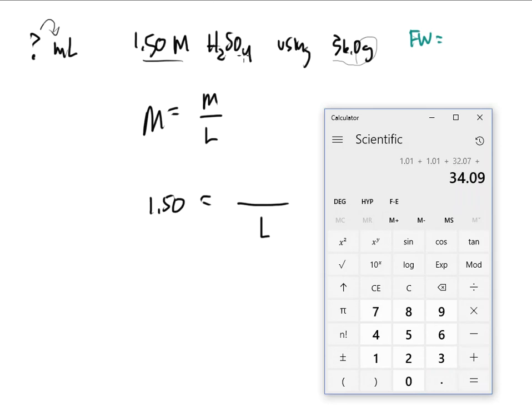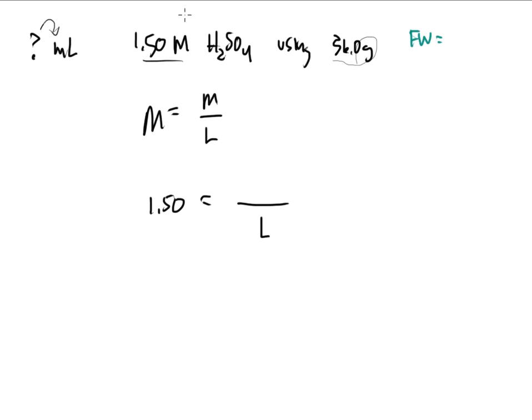And then my oxygen, there's 4 of those, so I can do 16 times 4 and key it in that way. Or there's my first one, my second, my third, and my fourth. So 98.09 is the formula weight. I'll write that up here in the corner, gram per mole.